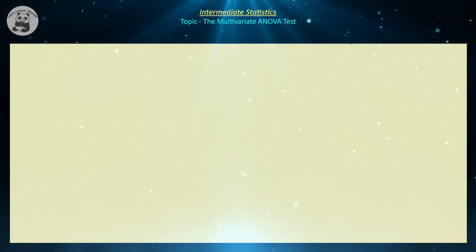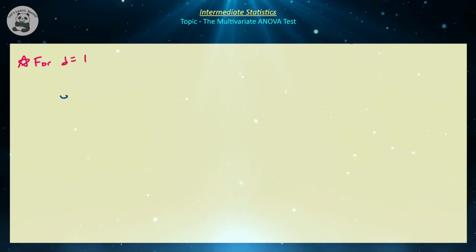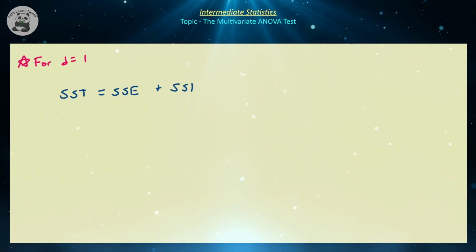Now that we've discussed the assumptions of the MANOVA test, let's start to build our test statistics that we're going to use to assess the equality of these mean vectors. So let's briefly go over the metrics that we used in our univariate ANOVA test. For one dimension, what we had was a decomposition of our total sum of squares into an error sum of squares and what we call a model sum of squares.